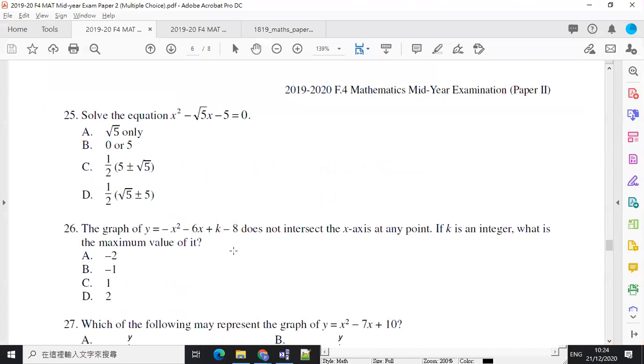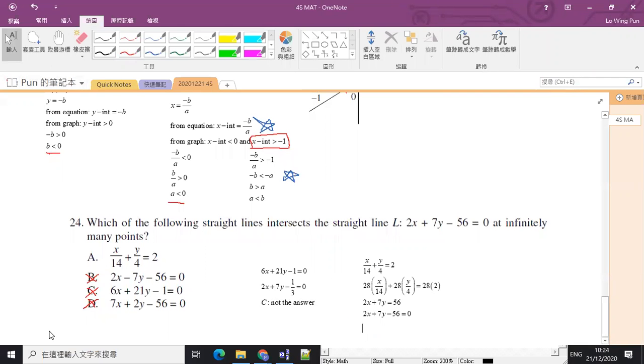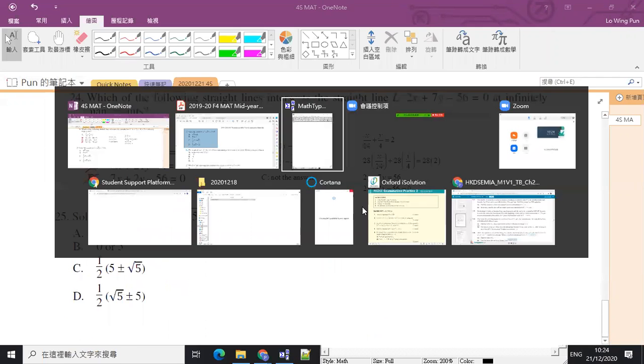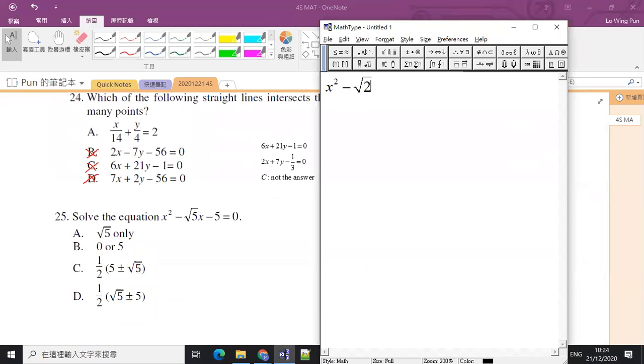Okay, 25. So solve this equation. X squared minus square root 5x minus 5 is equal to 0. 好啦，嗱呢題應該點樣搞咧？咁冇噶啦，即係 quadratic formula. So A is 1, B is negative square root 5, and then C is negative 5.